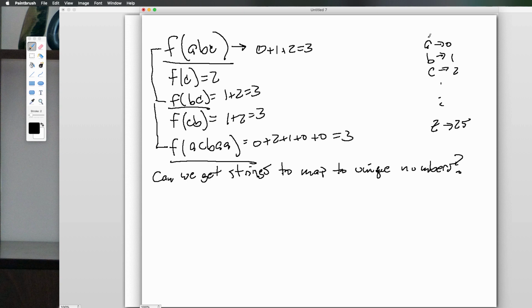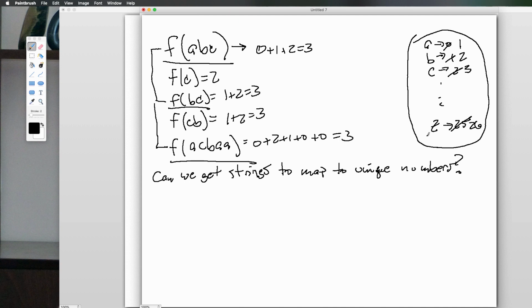Here's what I want to do. First of all, I want to change this mapping a little bit, because this 0 is going to be problematic. I don't want A to be 0, I want it to be a 1. I want B to be a 2, C to be a 3, and Z to go all the way up to 26. So instead of going from 0 to 25, I want to go from 1 to 26.